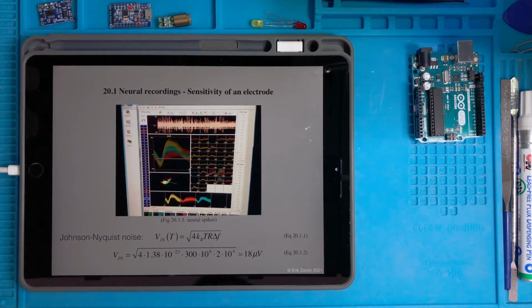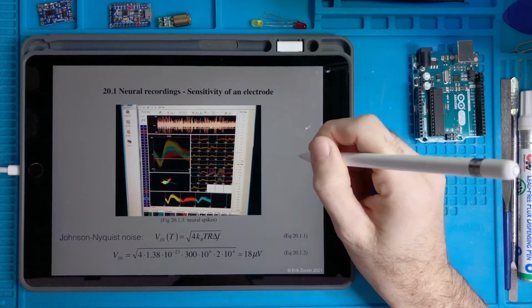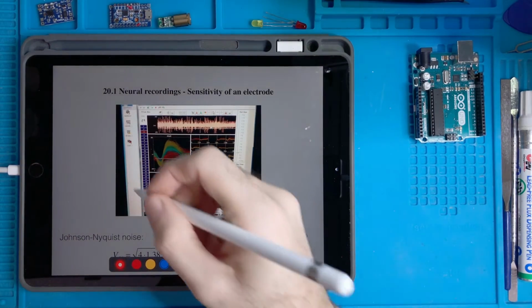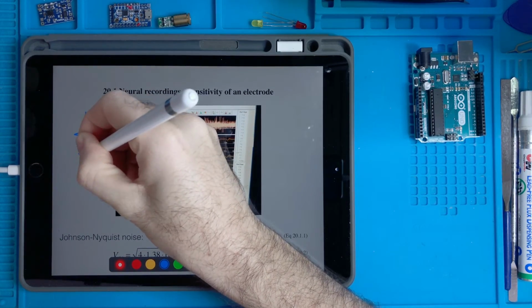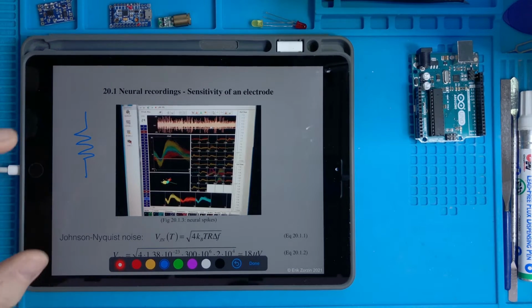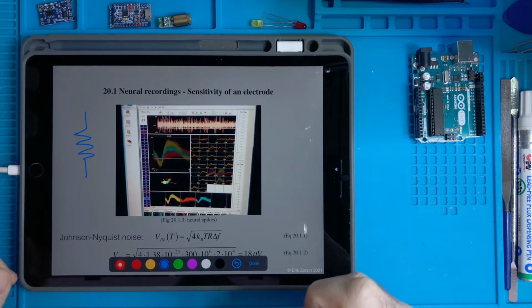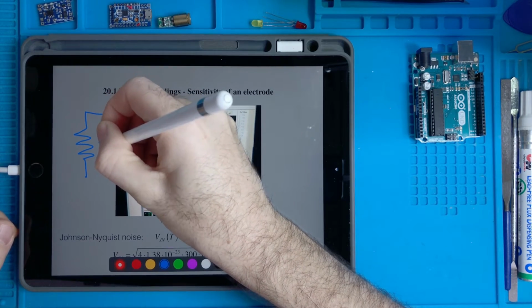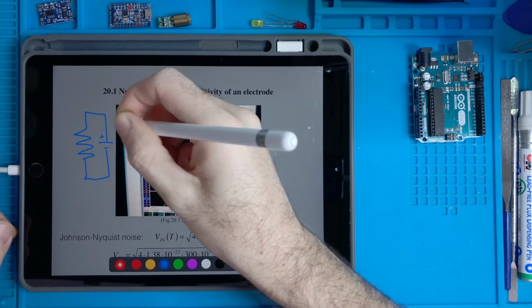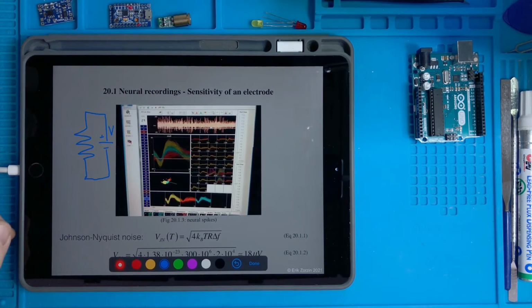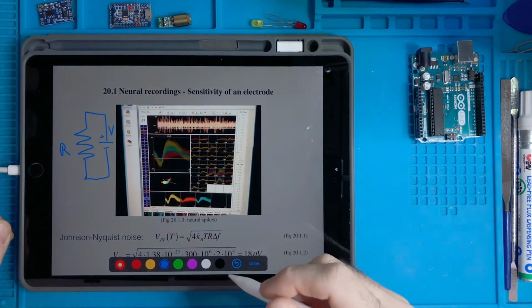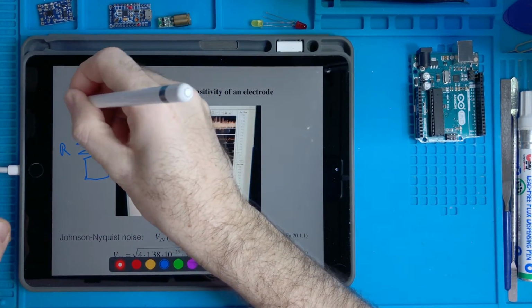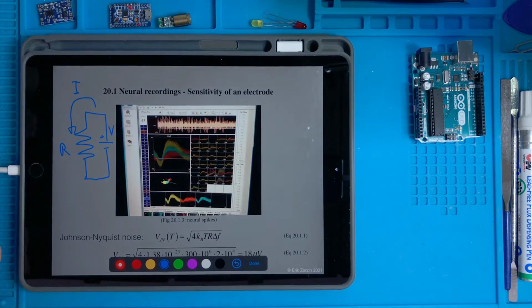So we know that we can have a resistor like this, and a circuit like this, without any battery, will make no current flow in this resistor. So we have to attach a battery to it like this. This battery will have a voltage, the resistor will have a resistance, and therefore there will be a current flowing in this circuit.